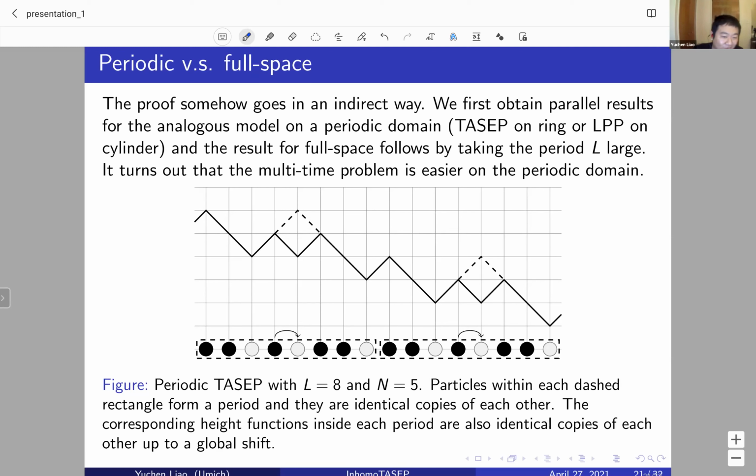The reason why I start with this, there are three main reasons for me. The first is that the periodic ones are also interesting because they are the interpolating dynamics between an infinite KPZ dynamics and some equilibrium dynamics. The other, maybe more important, reason is that in this multi-time calculation, the periodic models are easier. There are two reasons for it to be easier.